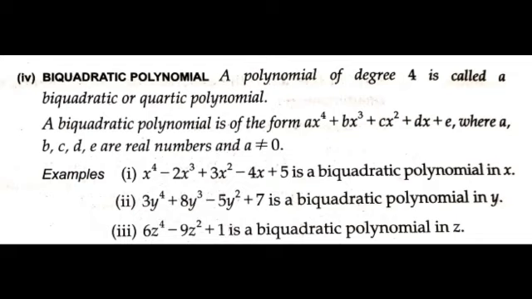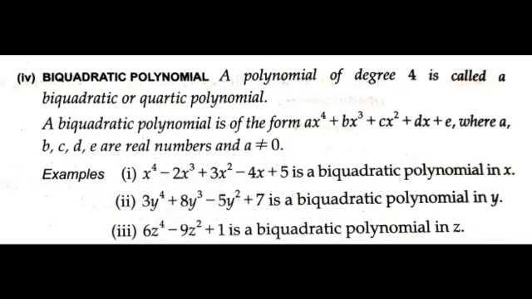For example, here I have x⁴ - 2x³ + 3x² - 4x + 5 is a biquadratic polynomial in x. 3y⁴ + 8y³ - 5y² + 7 is a biquadratic polynomial in y. In the same way, 6z⁴ - 9z² + 1 is a biquadratic polynomial in z.